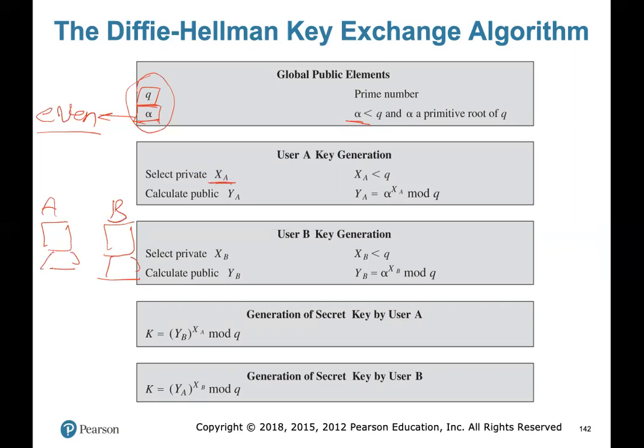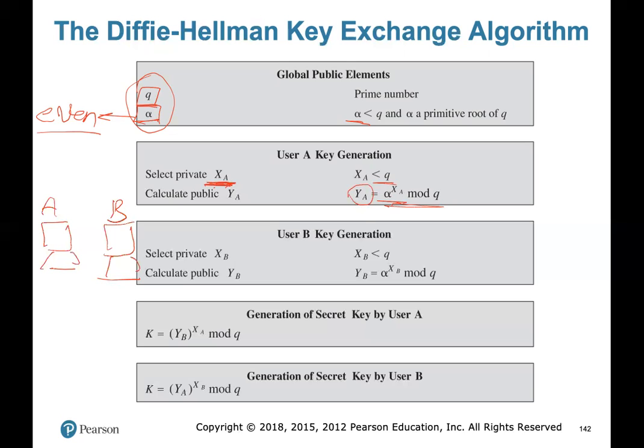Alice selects a number called XA, which is smaller than Q, and this is going to be the private key of Alice. Alice also calculates something based on this XA, which is alpha to the power of XA, modulo Q, of course. And this is called YA, which is the public key of Alice.